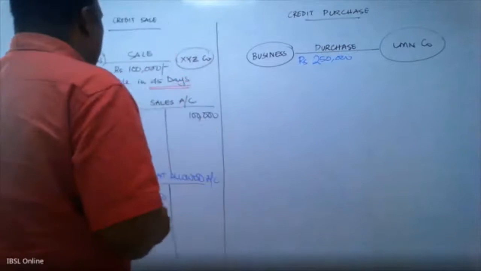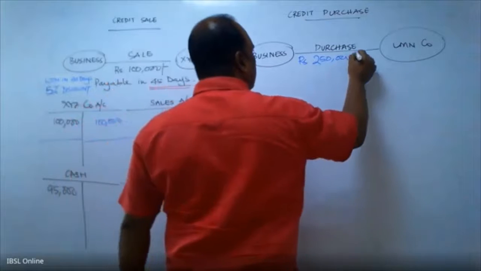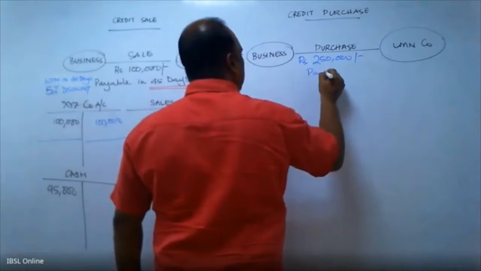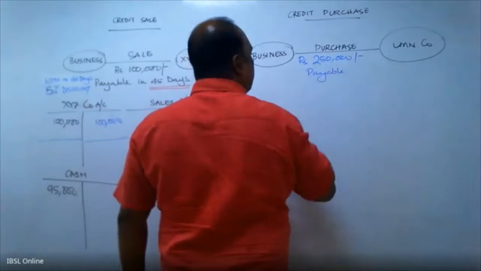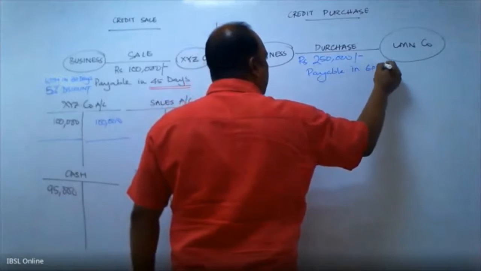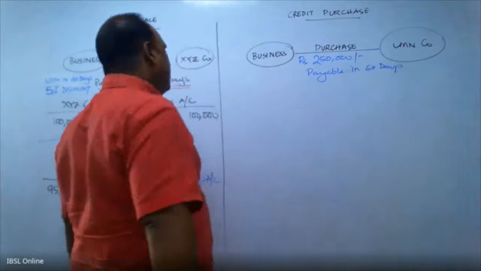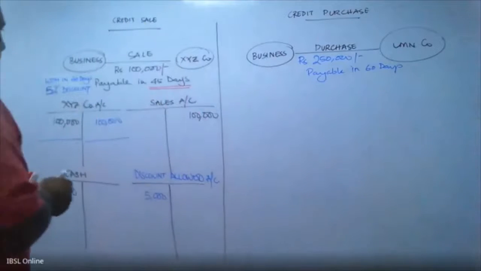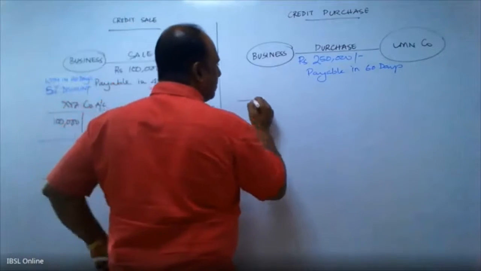And they say, you can pay this payable. I need to pay in 60 days. So what do I do? I will go and record it.